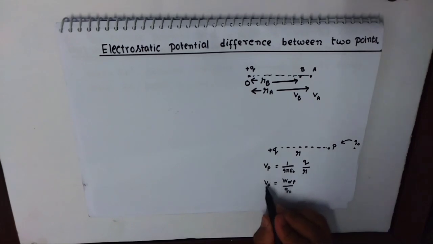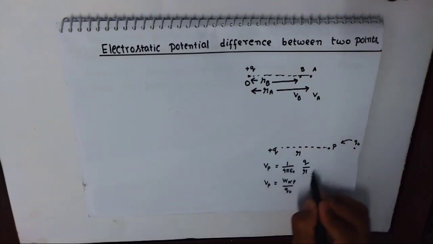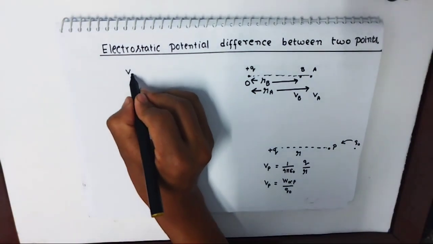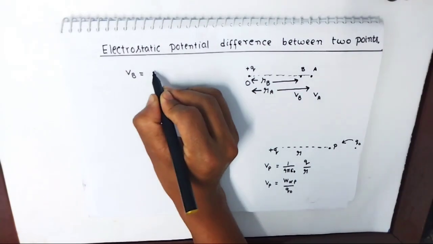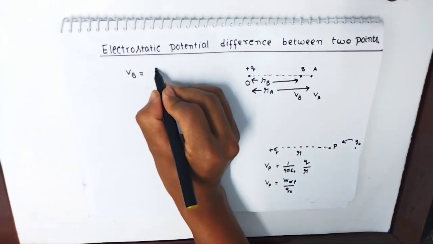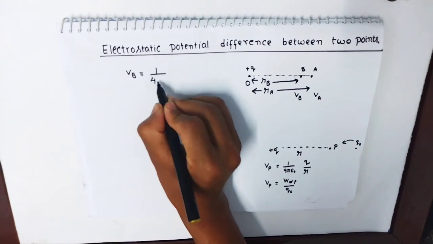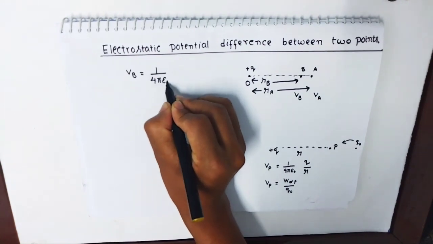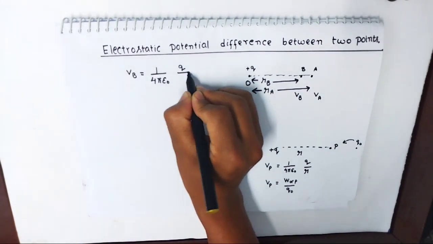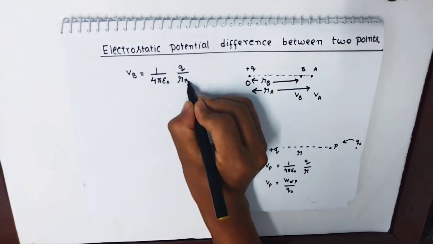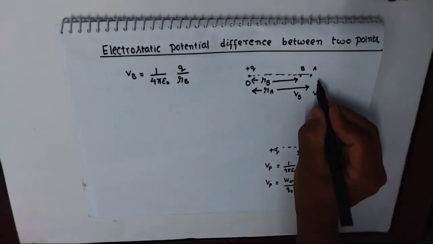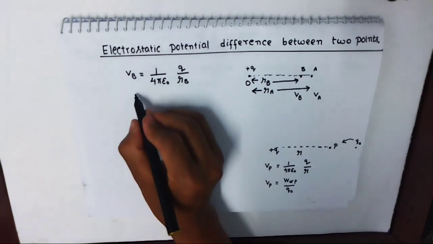So if we make use of this equation, what is the potential at B? It is equal to 1 by 4 pi epsilon naught Q divided by Rb. And what is the electric potential at A?